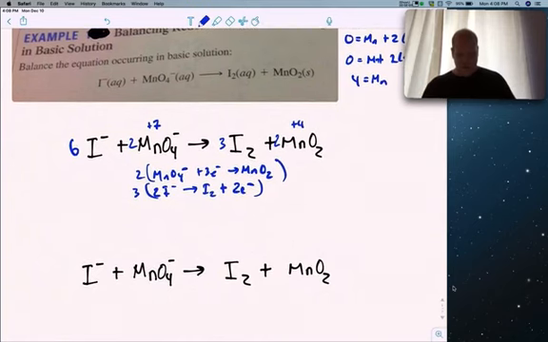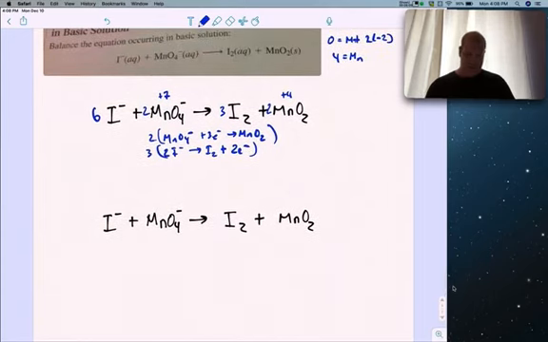So we have to balance the number of oxygens, right? So we have 2 times 4, 8 oxygens on the left, and we have 2 times 2, 4 oxygens on the right, so we need 4 waters on the left to balance out those oxygens.